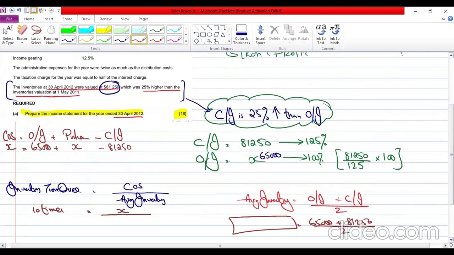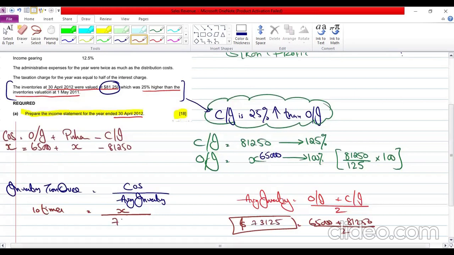What is the average inventory coming? It is 73,125.